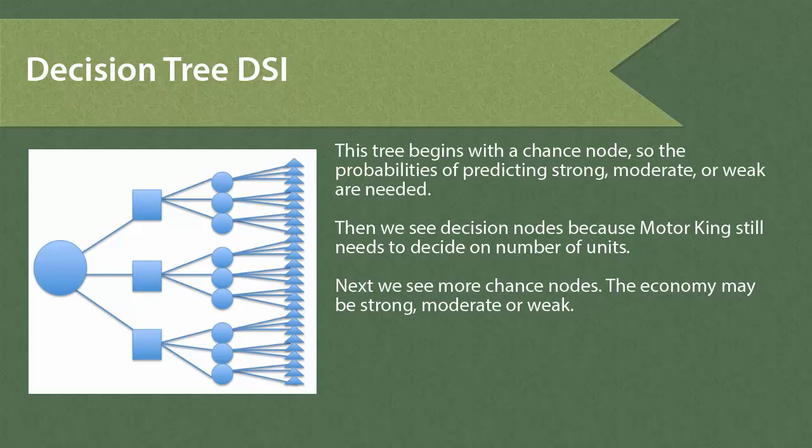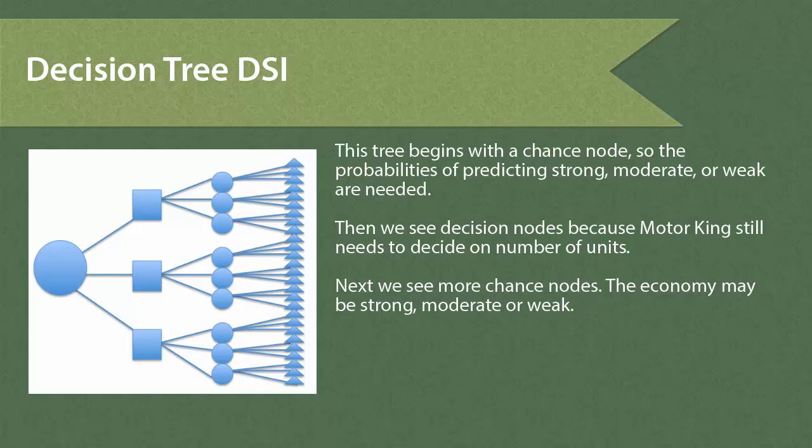So if DSI predicts strong, Motor King still has to decide 100,000, 75,000, or 50,000, which takes us to another set of chance nodes.